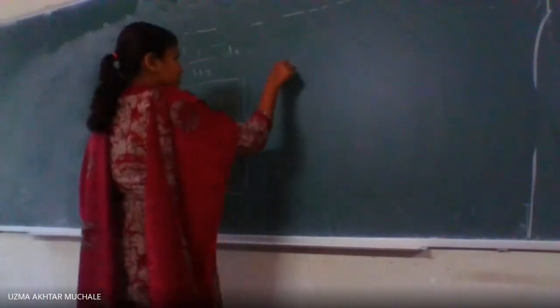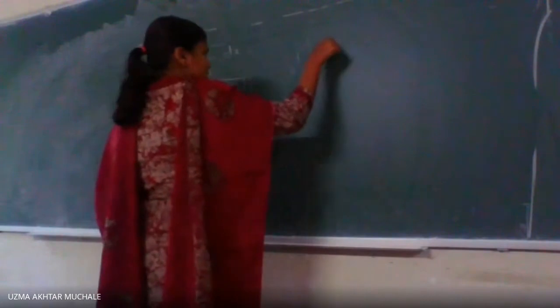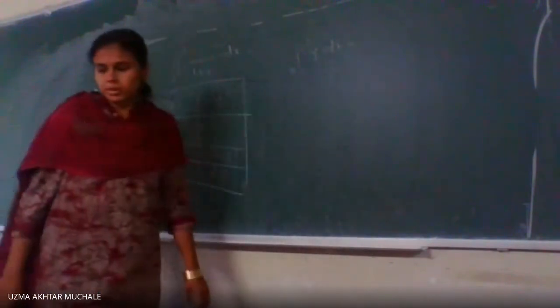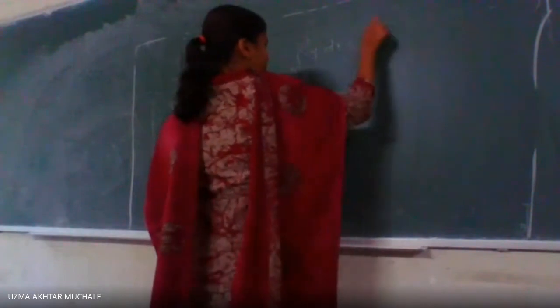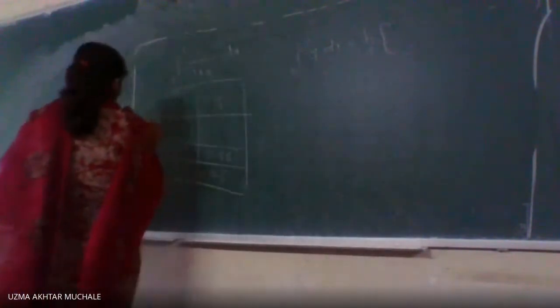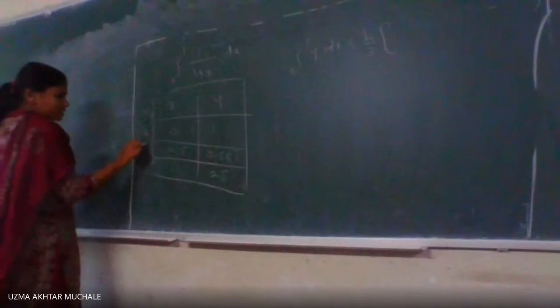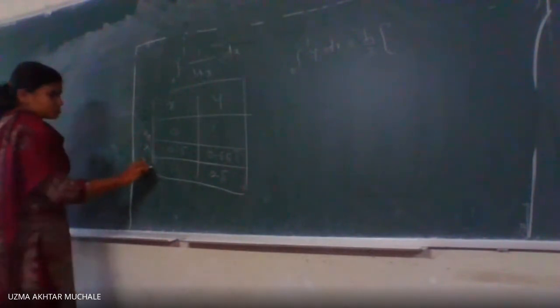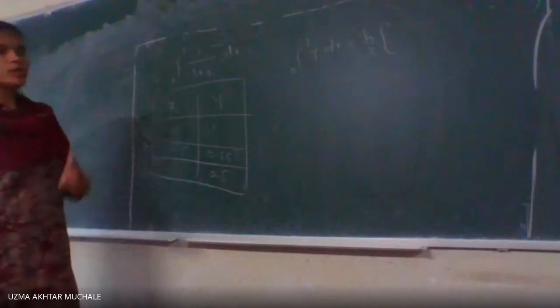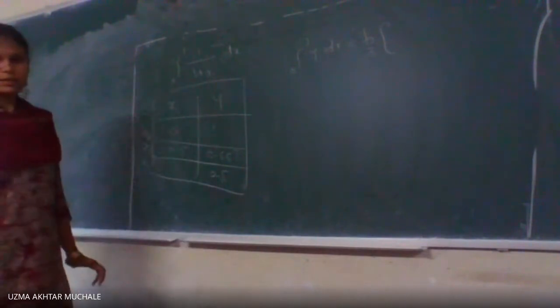So next, integration 0 to 1 y dx is equal to, what is the formula? h by 3, as we are having only 3 terms, that is x0, x1 and x2. For n equal to 2, we have to write down the formula for Simpson's 1/3.